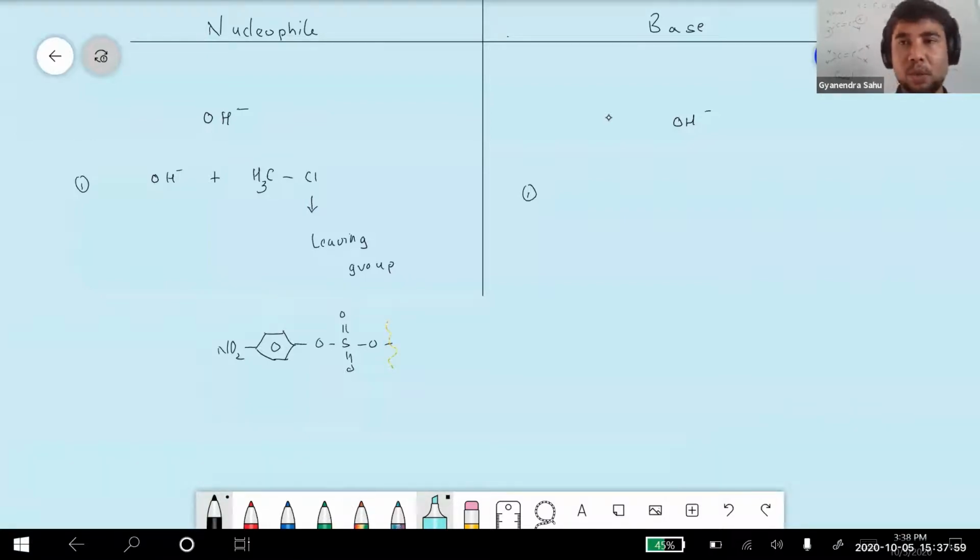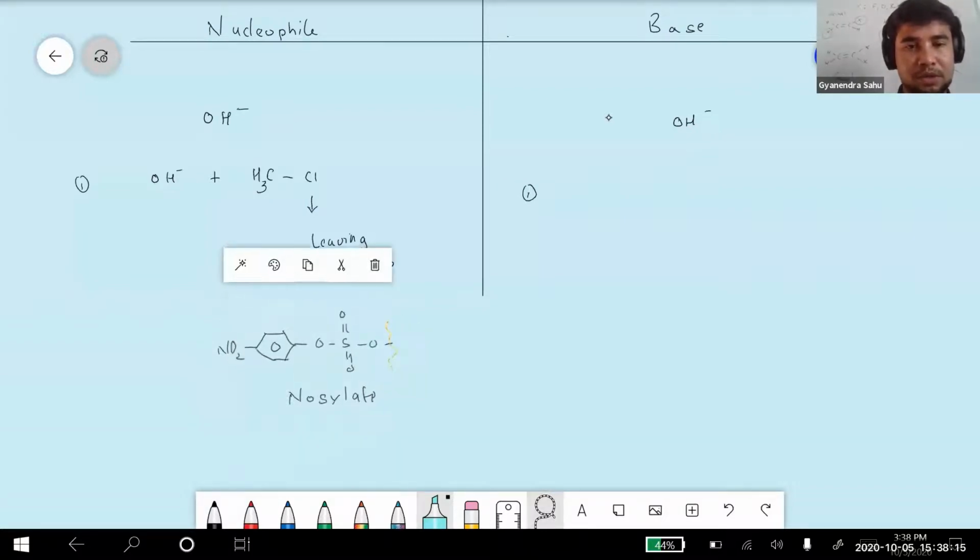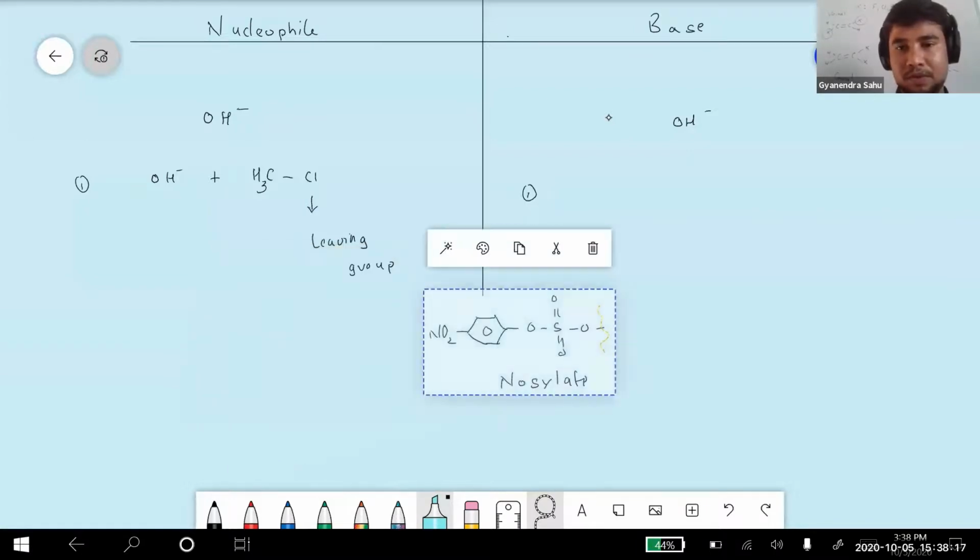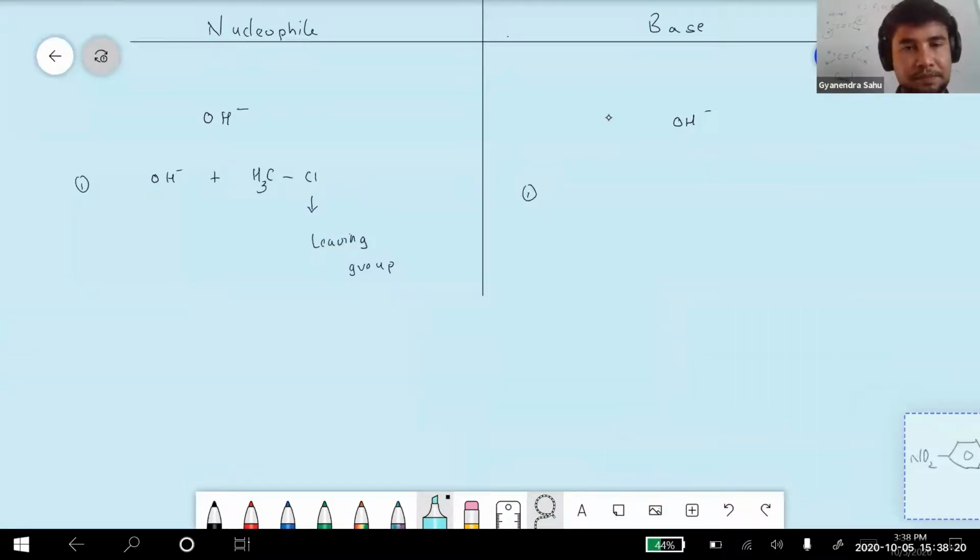It is called nosylate. Okay, so you just keep this thing there. It will act as a very good leaving group. Now this molecule is not our concern. Our concern was to understand how this base or a nucleophile will work. So let us move it aside. This is not our concern for today's class. We'll look at it later.